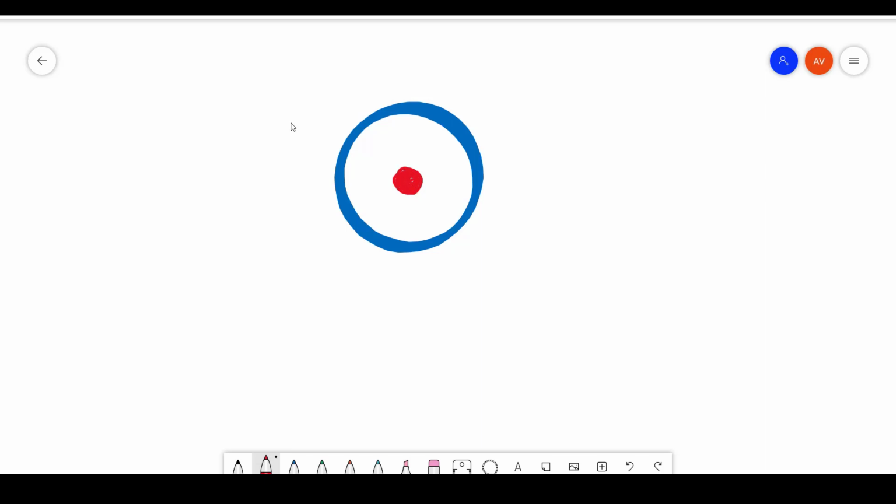Now what is happening here is my gear is going to rotate. Because of this rotation, I'm going to have some forces, that is frictional or tangential.